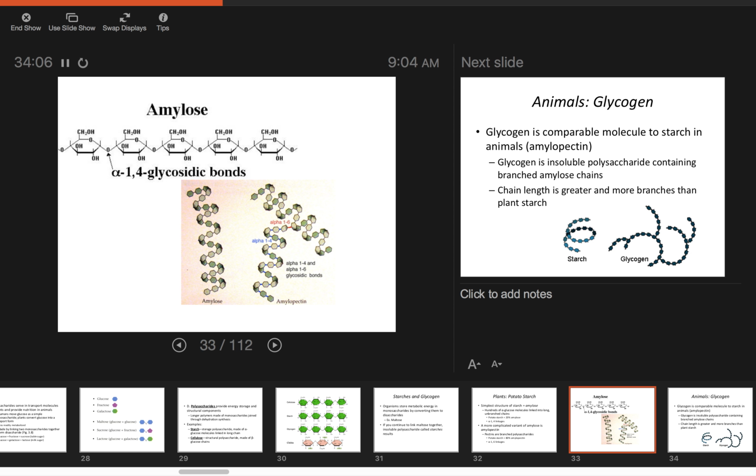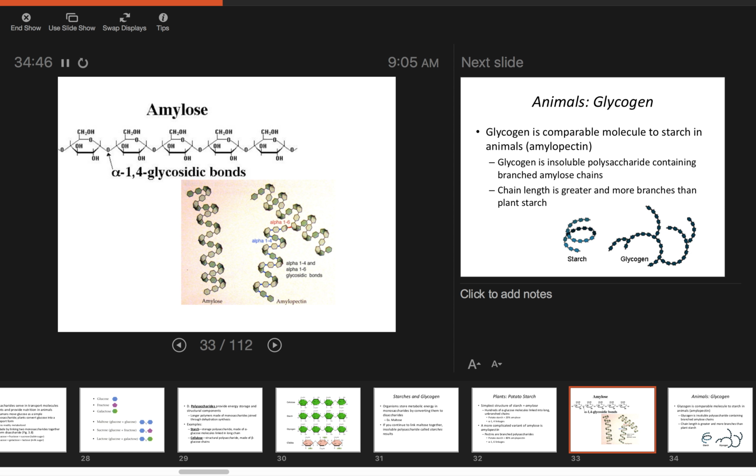It would be CH2, because when we form bonds we release water. There goes that hydrogen, that oxygen, and that hydrogen. Then I'd go down and make my little hexagon, and then OH. There's a branch there.